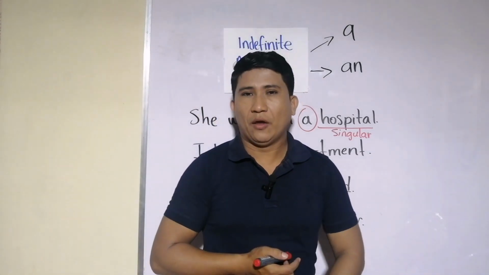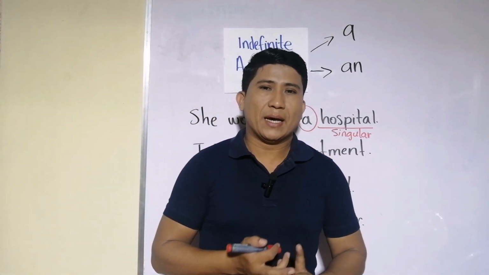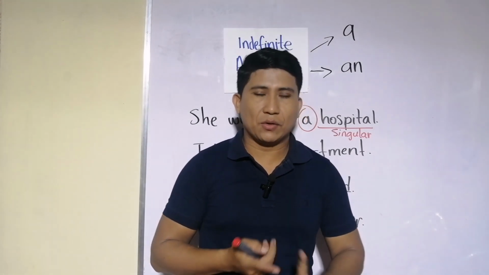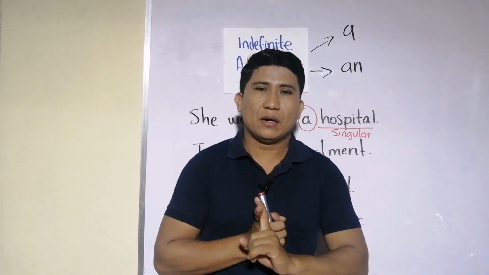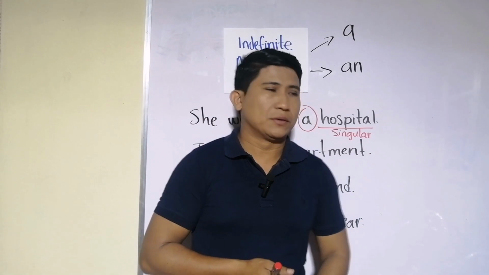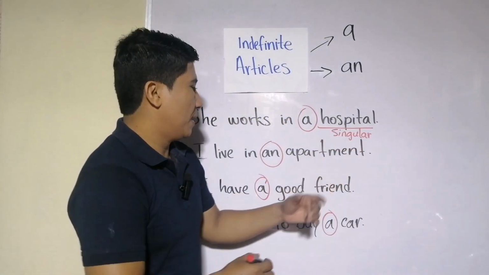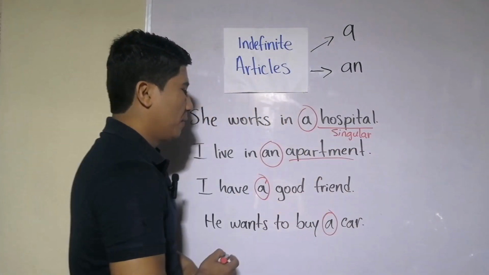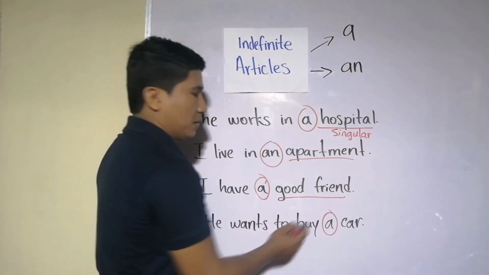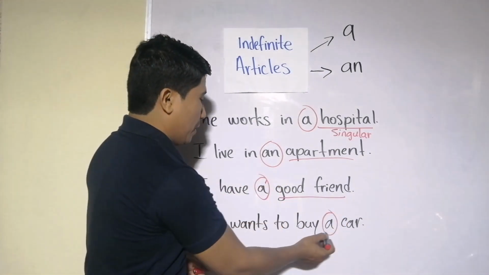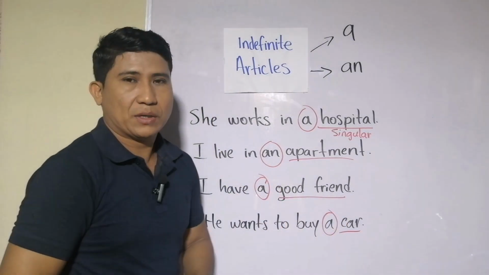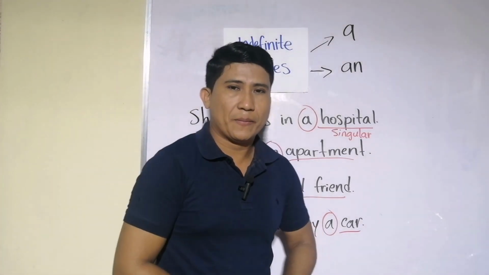We cannot use indefinite articles with uncountable nouns. So it's basically only with singular countable nouns. So hospital, apartment, singular. A good friend is a singular noun, and car is also a singular countable noun.